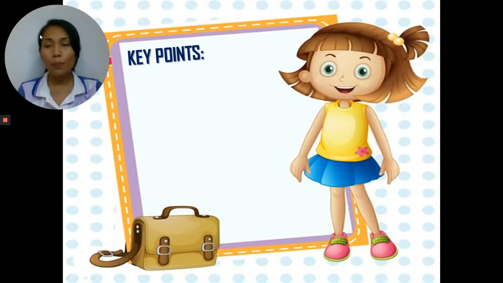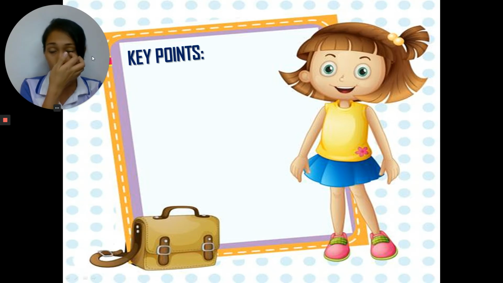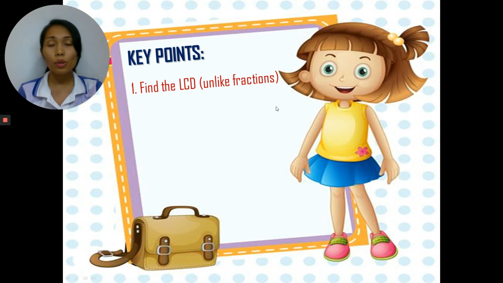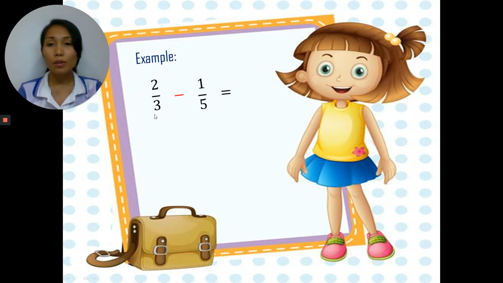Now, here are the key points that we can use in adding and subtracting fractions. When we're dealing with unlike fractions, find the LCD. To find the LCD, you have to get their multiples. The multiples of 3 and 5, let's say.